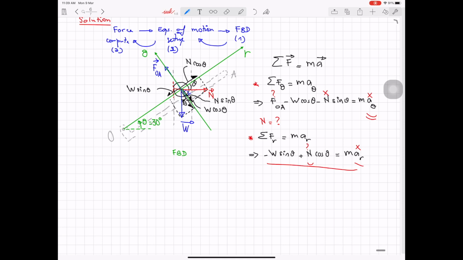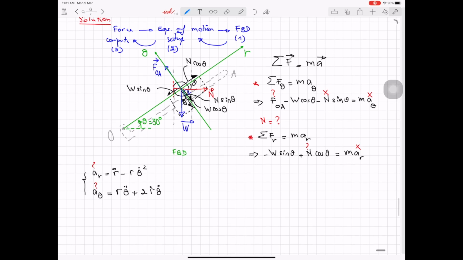Now recall from kinematics that a_r equals r double dot minus r theta dot squared, and a_theta is equal to r theta double dot plus 2 times r dot theta dot. So I'm looking for a_r and a_theta, but here is the problem.